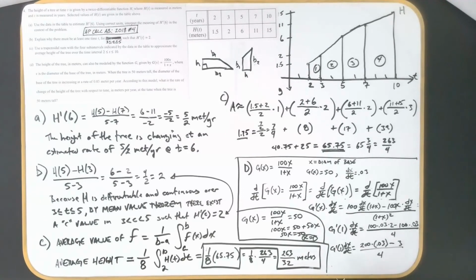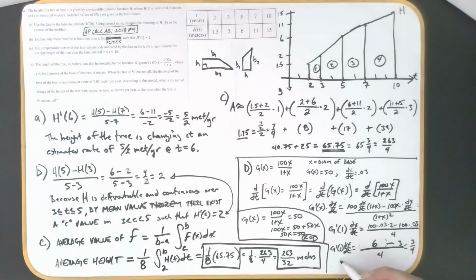And just for the sake of space, I hope we're okay here. If we do 200 times 0.03, I'm going to move the decimal over and double it, so this is turning into 6. I hope we're okay there. So that number up top here just becomes 6. Okay, so 6 minus 3 over 4. My final answer is 3/4.